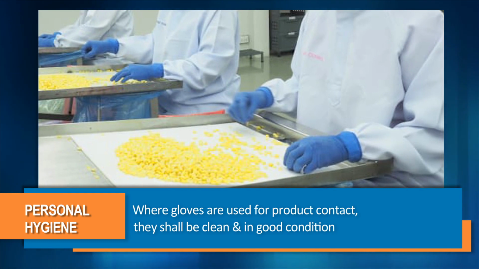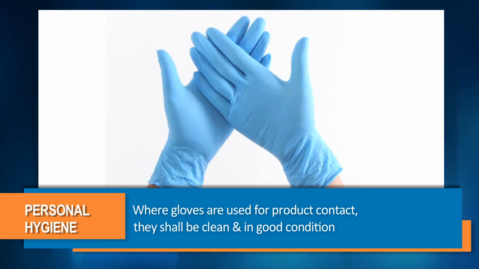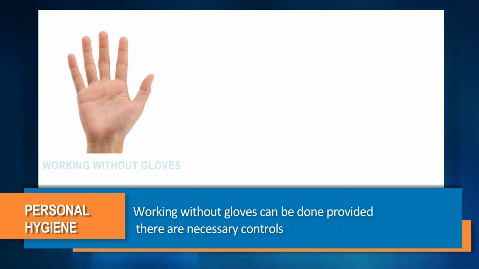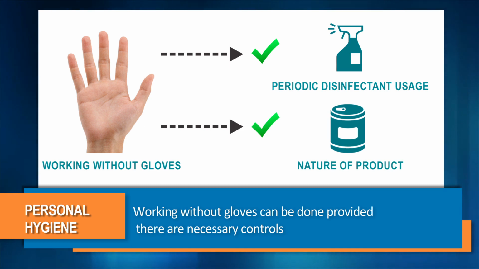Where gloves are used for product contact, they shall be clean and in good condition. Working without gloves can be done provided there are necessary controls on periodic usage of disinfectants at work section and nature of the product being handled.